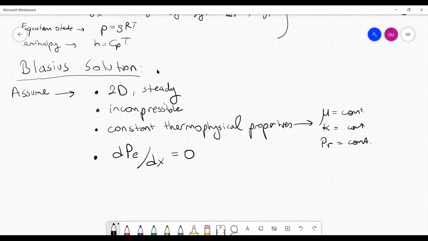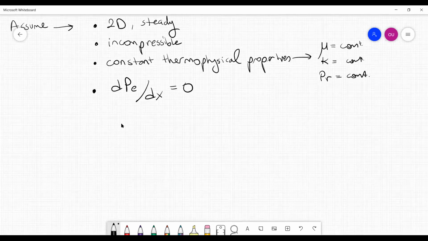You can generate a flow field around this flat plate with zero pressure gradient in the streamwise direction. So under these assumptions, let's put the note here: this is basically flow around a flat plate.